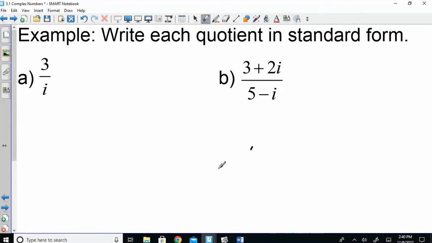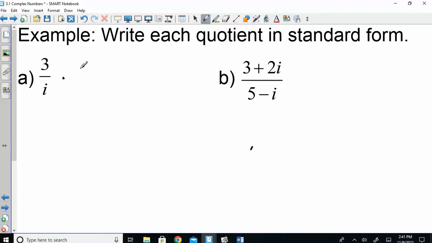So, this one, I'm asking you to put it in standard form. Standard form means a plus bi, so we have to somehow get rid of the i on the denominator. Times it by i.